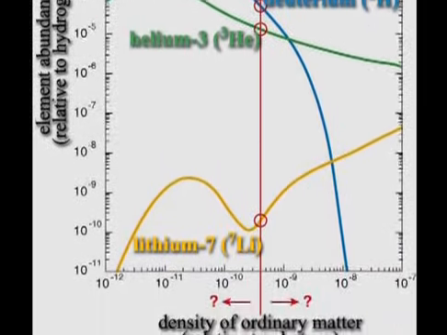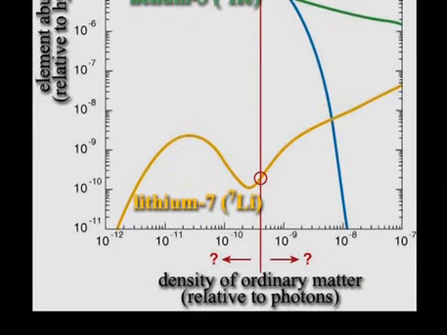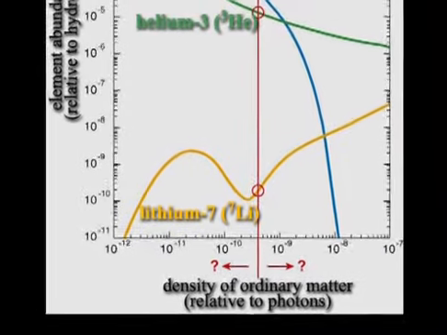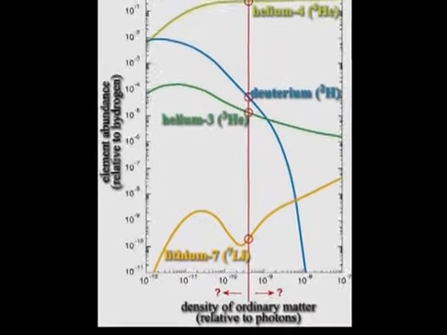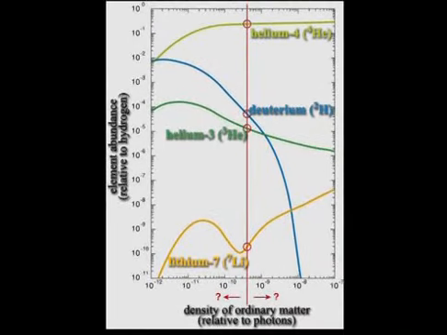Now you'll notice that in this plot, it is not just a single number prediction for each element, it is a curve. There's some parameter that is being varied to get different predictions. What is that parameter? It is the density of ordinary matter. So this plot assumes that we don't know ahead of time the number of baryons in the universe, the number of protons and neutrons.